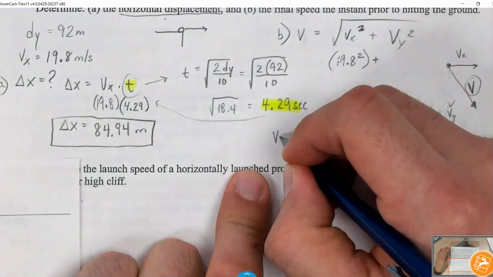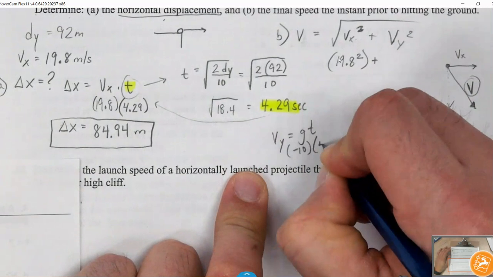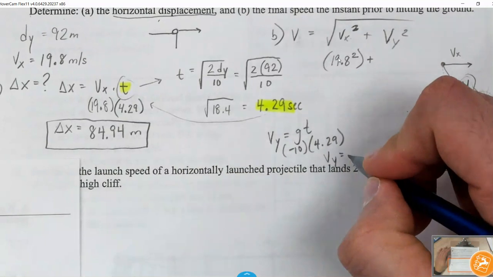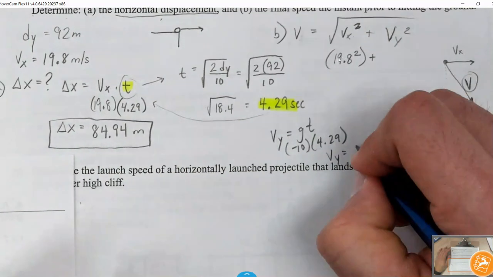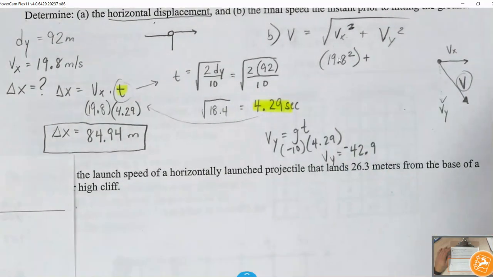So Vy is going to be gt, which is negative 10 times 4.29, which will give me 42.9 in the negative direction.